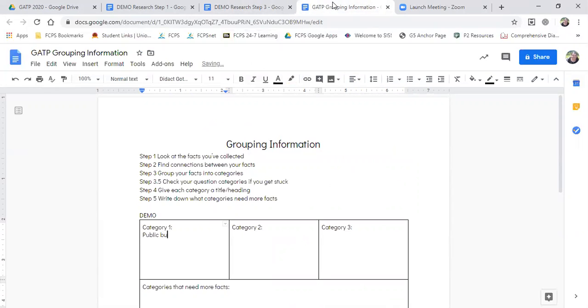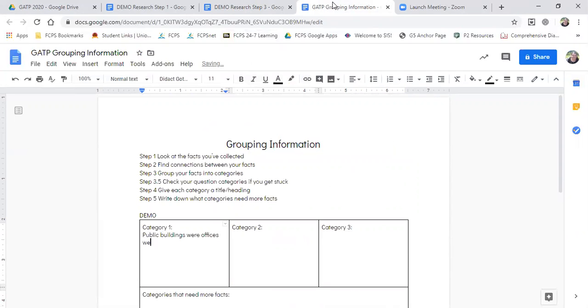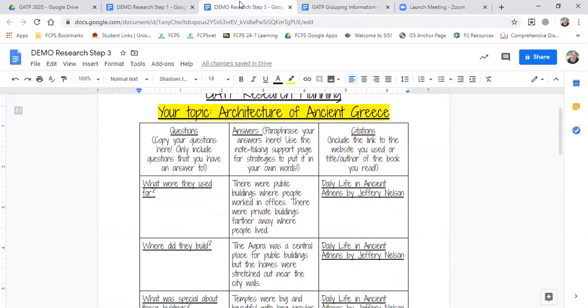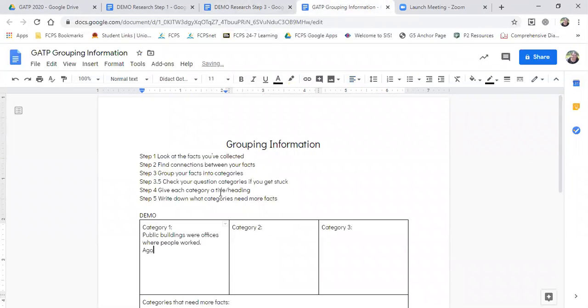Public buildings were offices where people worked. And then I saw something else about public buildings down here. The Agora was a central place for public buildings, so I can add that.